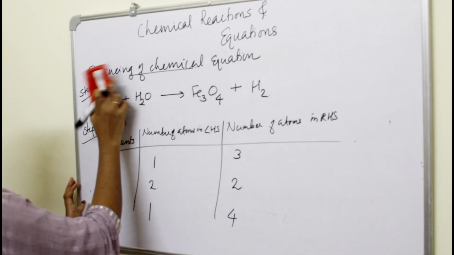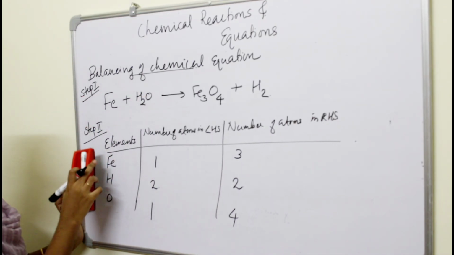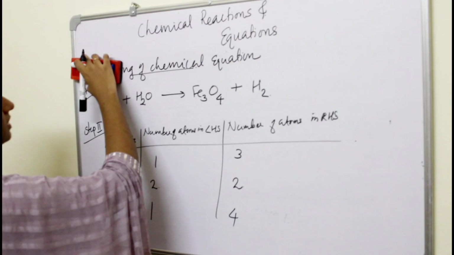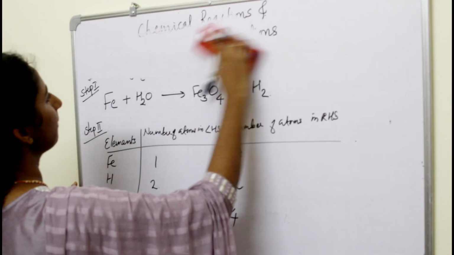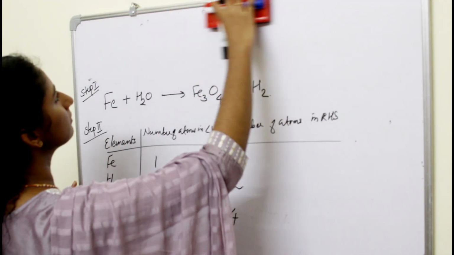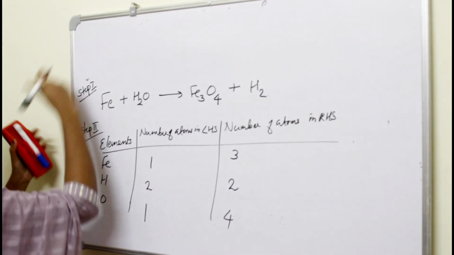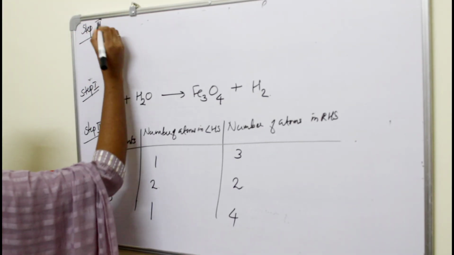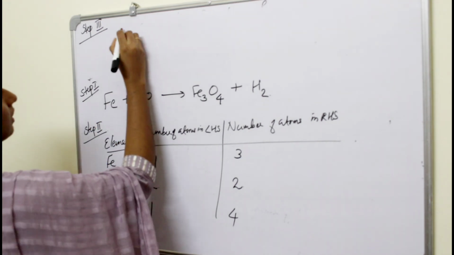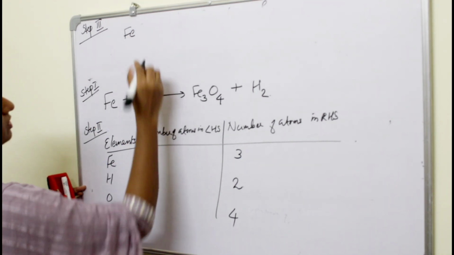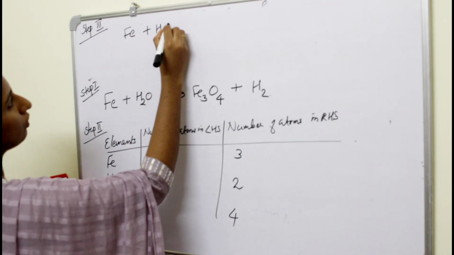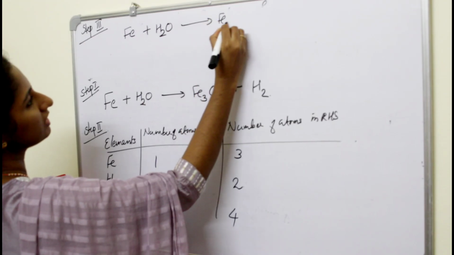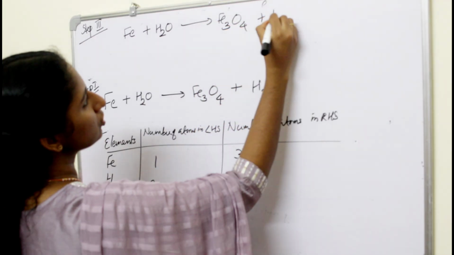So in the next step, this is the first step and this is the second step. So we are writing this third step. Step 3. Here we are again writing this equation: Fe plus H2O gives Fe3O4 plus H2.